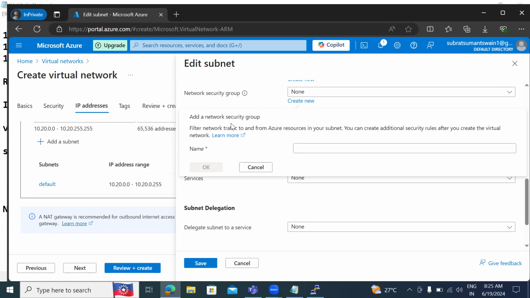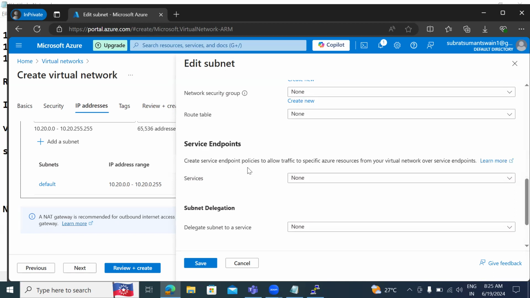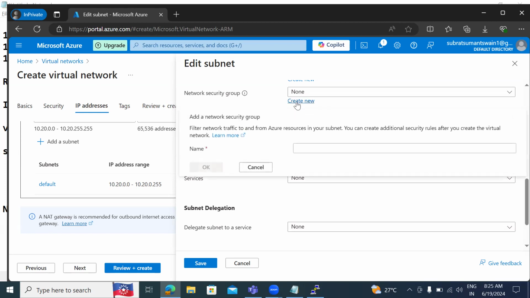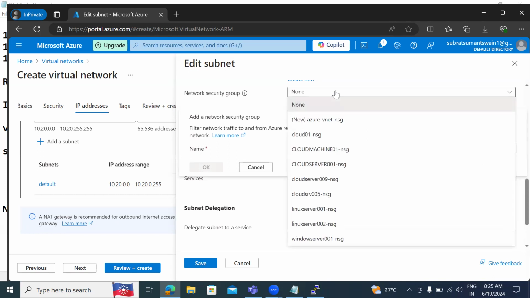Then we can add a tag, and that can be added to the NSG. If you already have any NSG, that NSG also we can attach here.